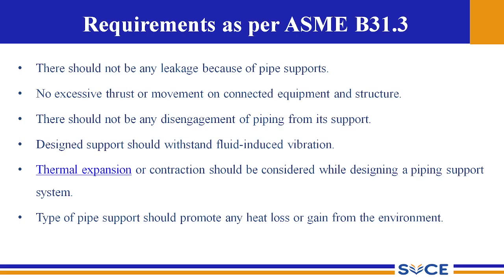So it may create some excessive thrust, bending moments or lateral movements on the connected equipment and structure. This will disturb the entire orientation or the layout plan. So as per ASME B31.3, the installation of the pipe supports should not induce any excessive thrust or movement on the connected equipment and structure.